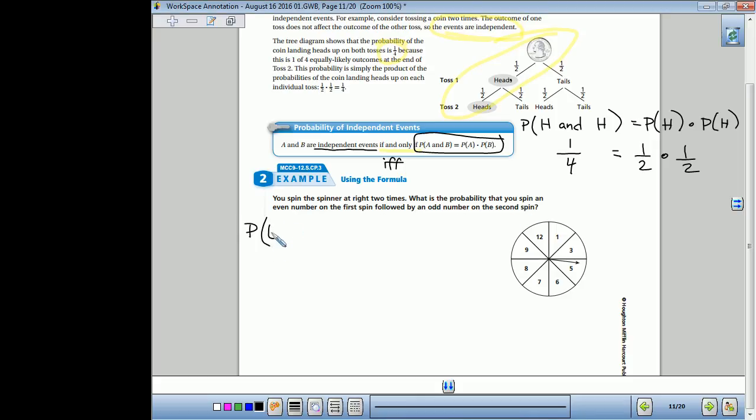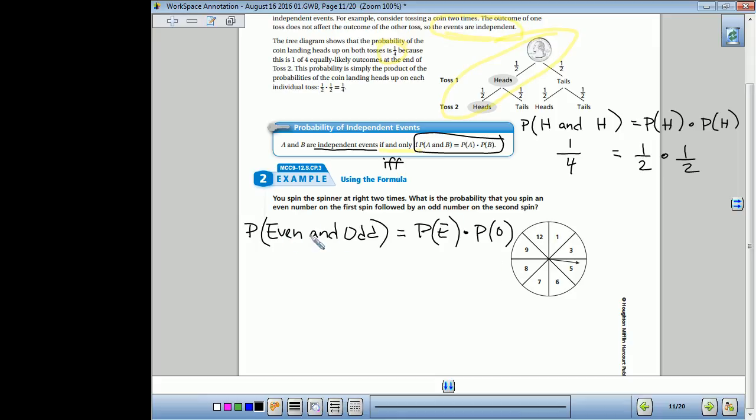So we want the probability of even and then an odd, right? Are these events independent? Does what I spin on the first one affect what I'll spin on the second one? No, they are independent. So what I should be able to do is the probability of even times the probability of odd, because my events are independent.